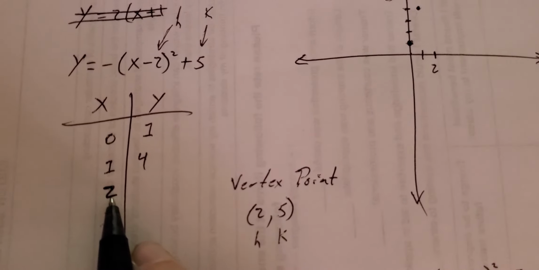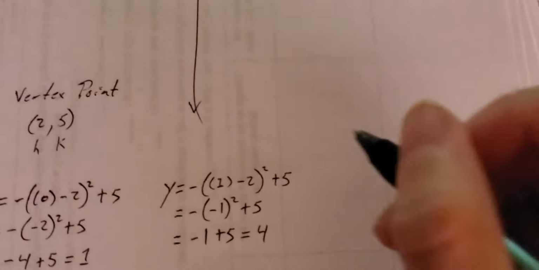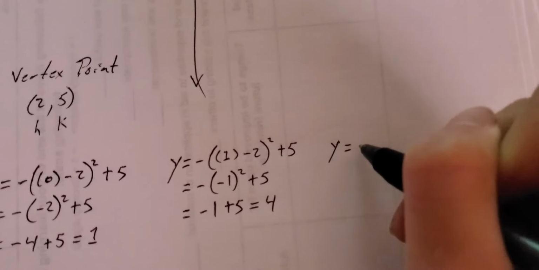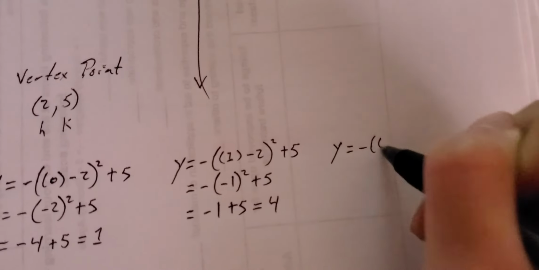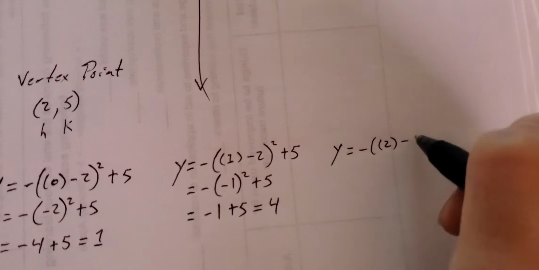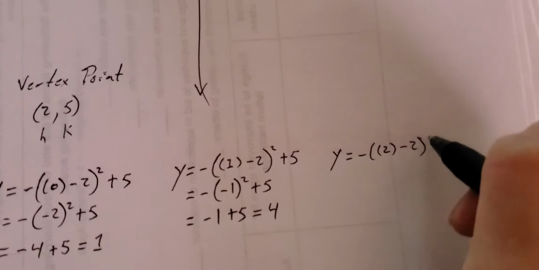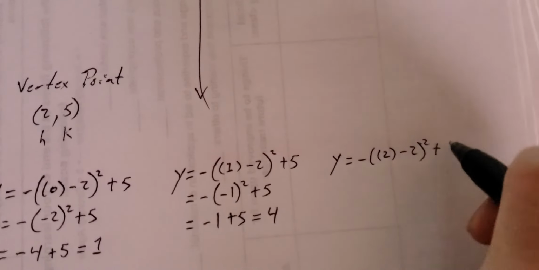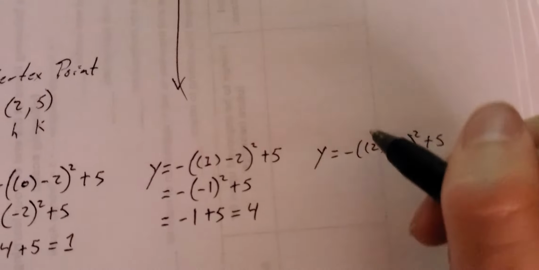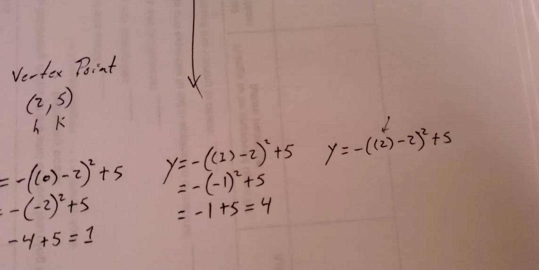X is going to be 2 in this case. So again, let's repeat the process. Y equals the negative, the x value 2, minus 2, squared plus 5. So I replace my x value by positive 2.